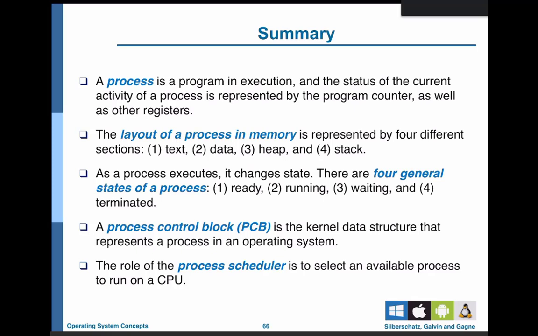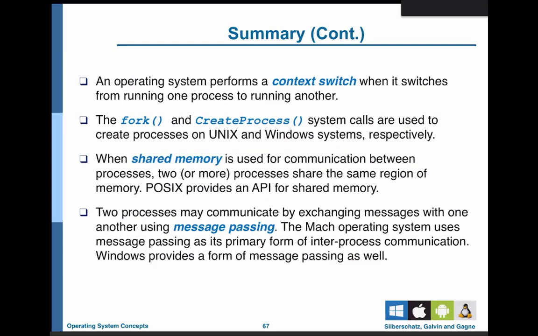The role of the process scheduler is to select an available or ready process to run on the CPU. An operating system performs a context switch when it switches from running one process to running another.